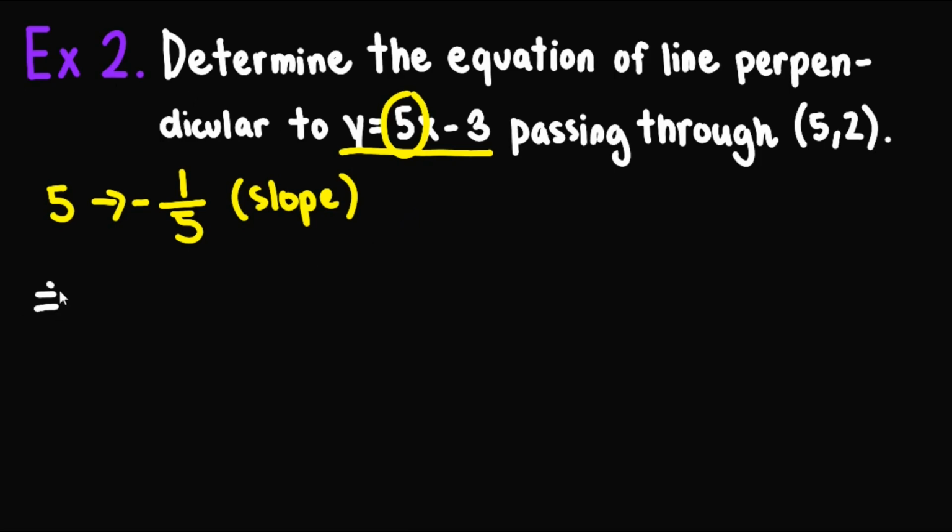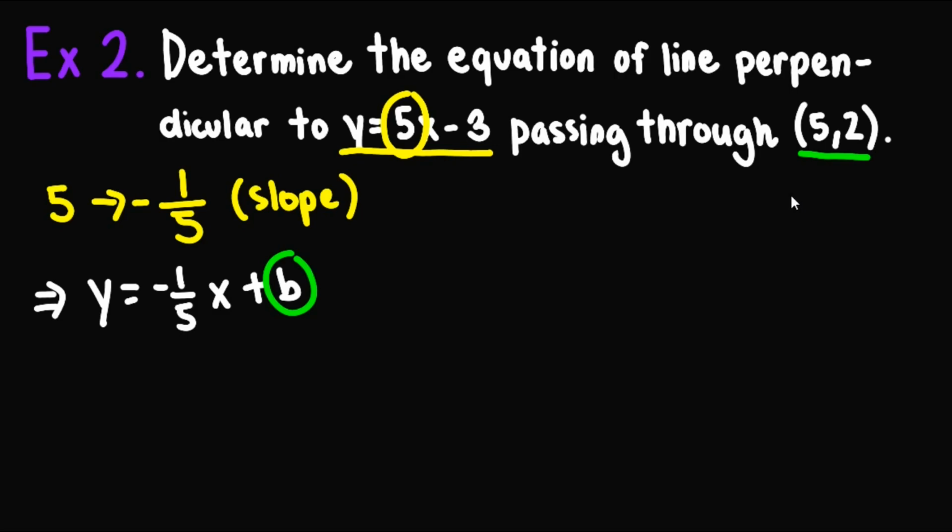So what we have so far is y equals negative 1 over 5 x plus b if it is in the slope-intercept form. Our only problem is finding b, but fortunately we are given the point (5, 2).